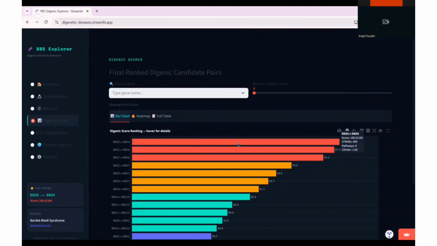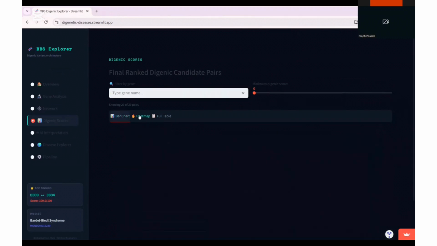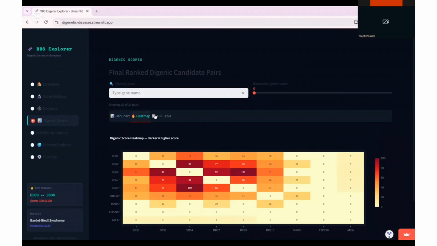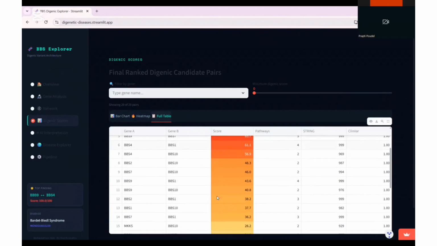Here it directly shows us the digenic score ranking for different genes. Now let us see the heat map for the same gene. We can look at it, and a whole table for how it works is shown, which helps with the analysis for the researchers and the scientists.